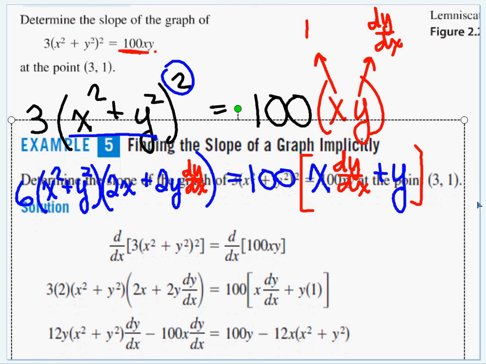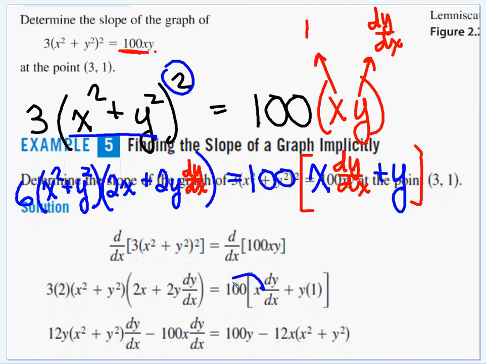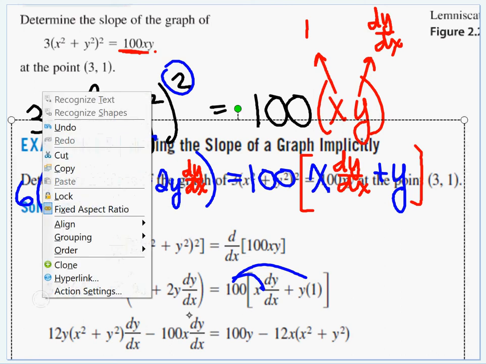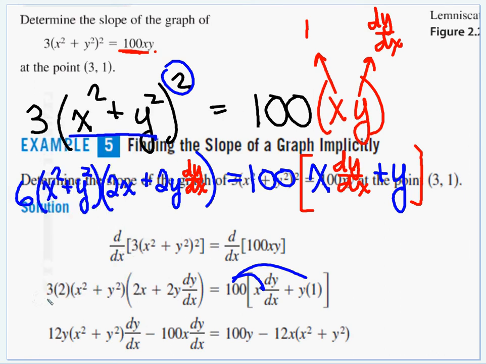So first they distribute this 100 to these terms over here, and they distribute, well, let's see. Shoot, we would have to distribute this 2 times 3, which is 6, to this second set of parentheses to get that dy dx out.